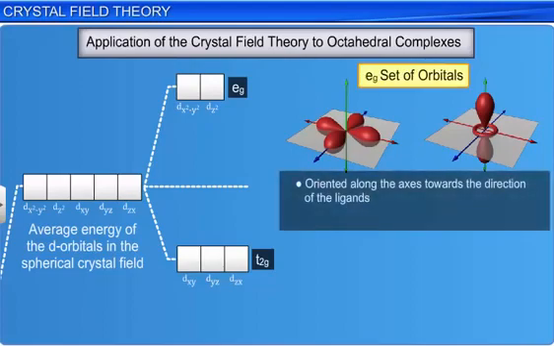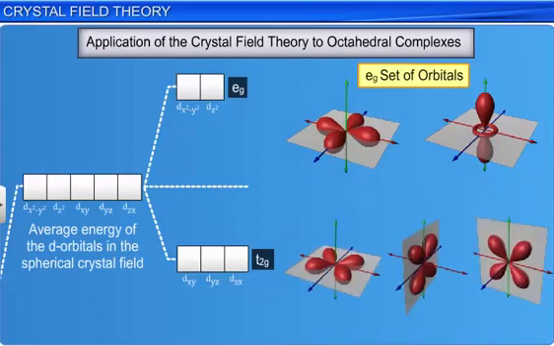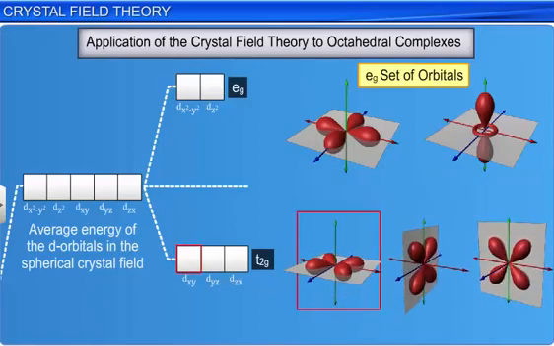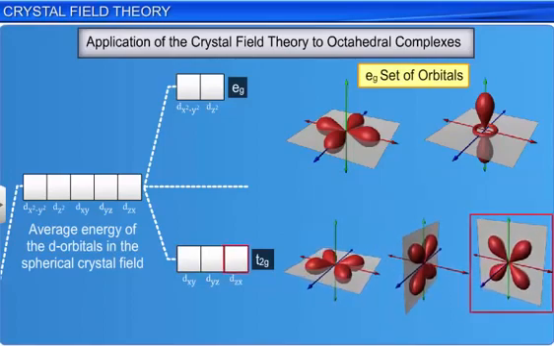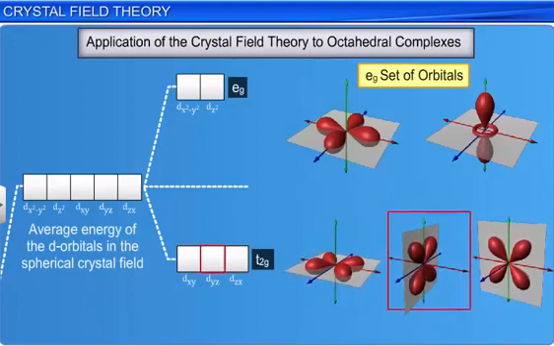Thus, the Eg set of orbitals will experience more repulsion than the remaining 3 d orbitals. That is, the dxy, dxz, and dyz orbitals, which lie in between the axes. These 3 d orbitals are collectively known as the T2g set of orbitals.